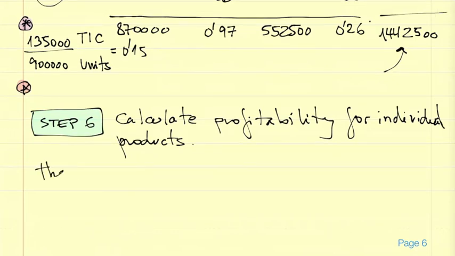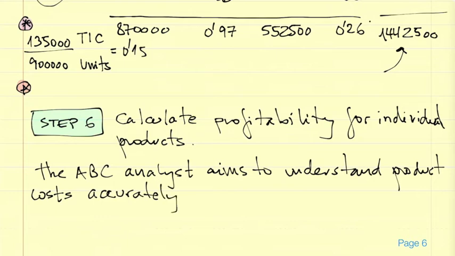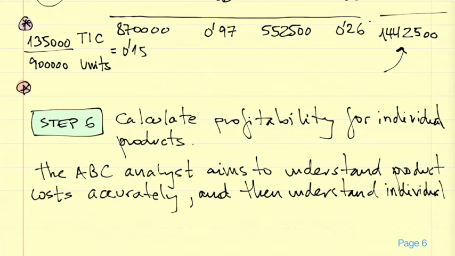So the activity-based costing analyst aims to understand product cost accurately and then understand individual product profitability accurately.